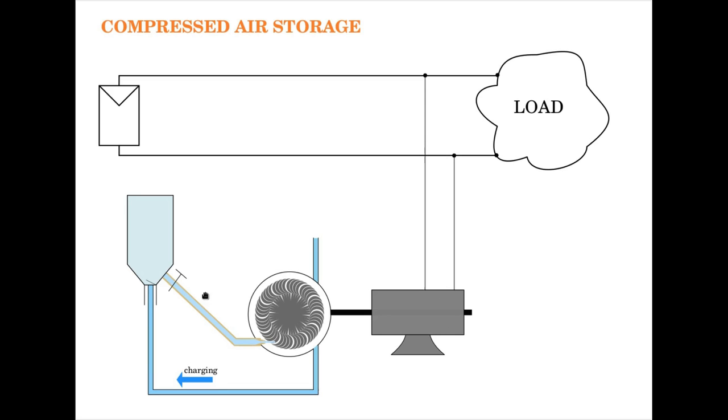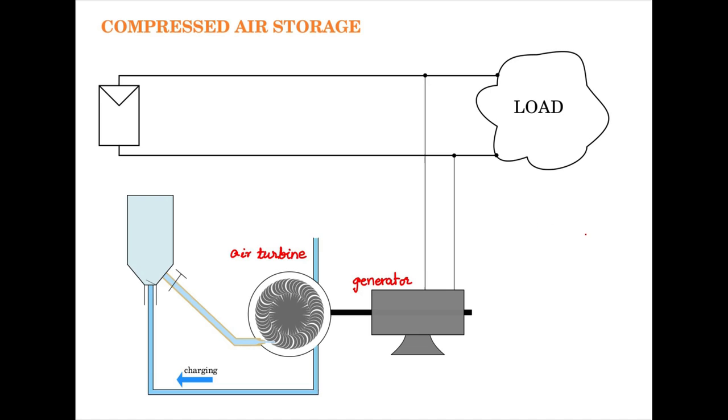So that would be the discharge mode. So compressed air, by means of this electronically controlled valve, will operate an air turbine, and the air turbine converts hydraulic energy to mechanical energy, and the mechanical energy is converted to electrical energy through a generator.